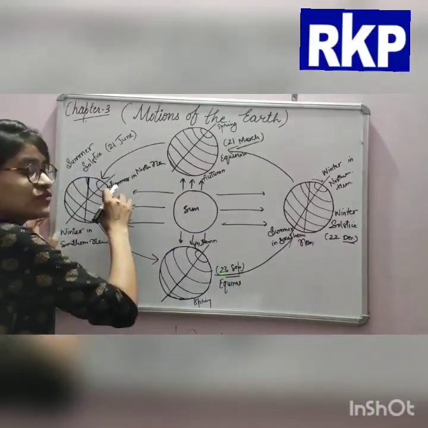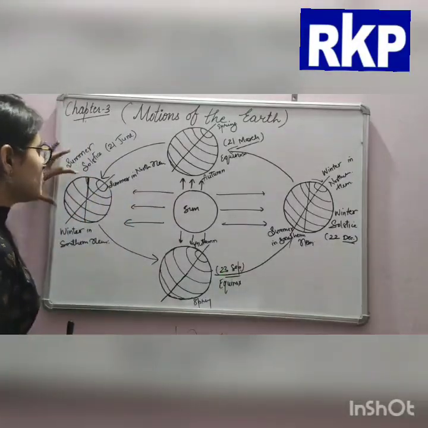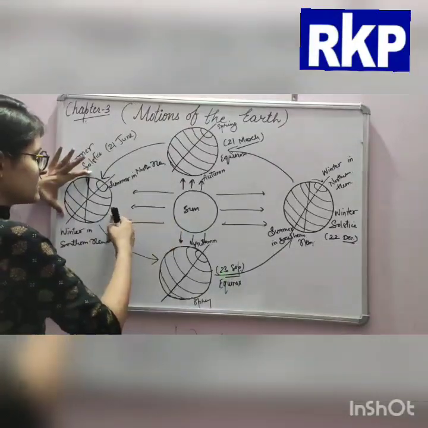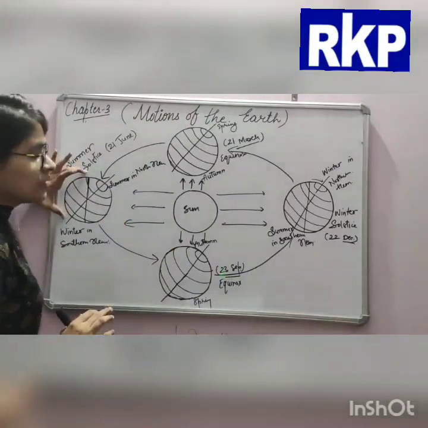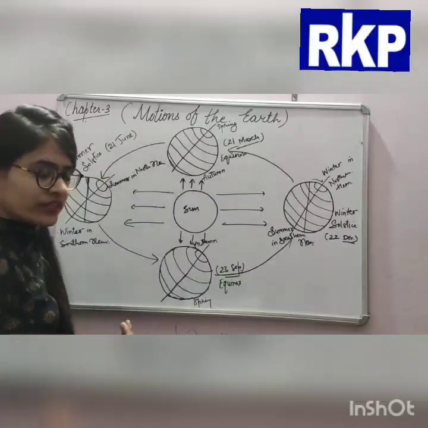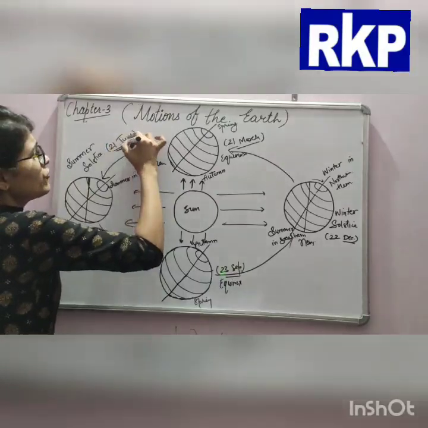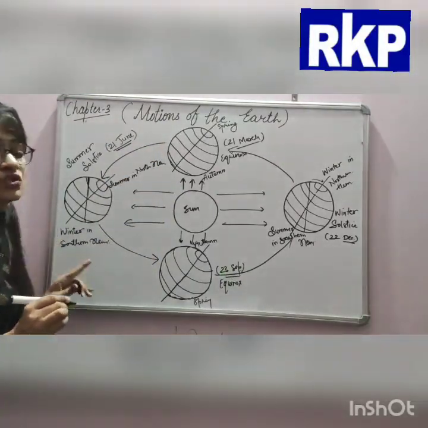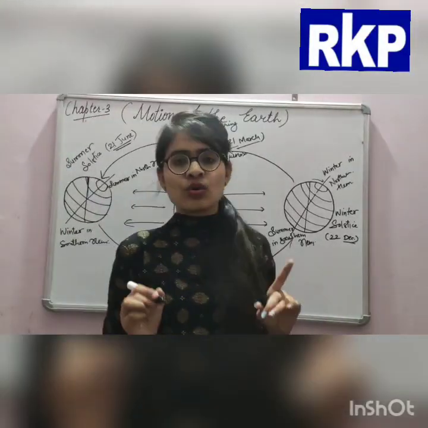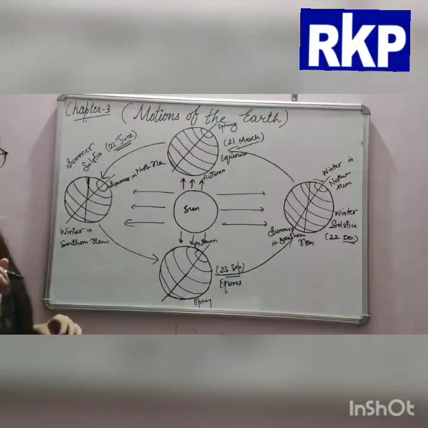It means which season will be there? That will be the summer season. And the part which is not receiving the sun's rays will be experiencing winter. As well as, 21st June is the longest day and the shortest night in the northern hemisphere.